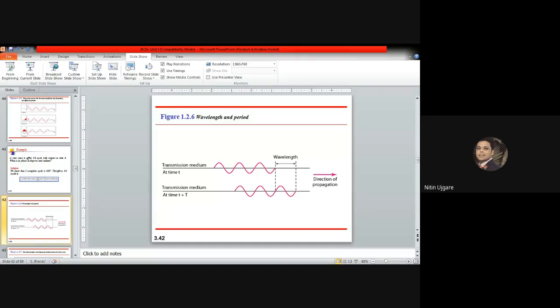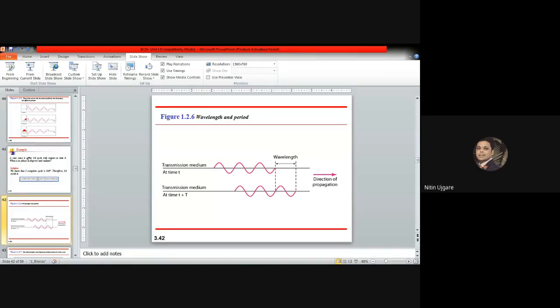So we have seen what are the different forms of data, then what are the different forms of signal, then we have seen what is sine wave, what are the different parameters used to represent the sine wave, and we have completed all these 3 parameters which represent the sine wave. So there are 2 types of data, analog data and digital data. Analog data takes continuous values, and digital data takes discrete values, right?